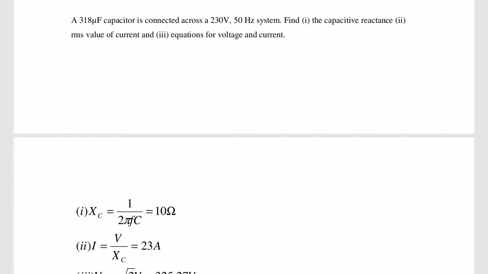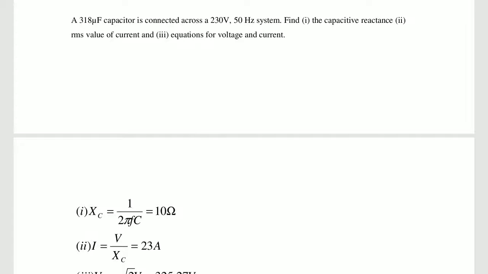Voltage is 230 volts and XC we calculated from the first question, that is 10 ohms. So 230 volts by 10 ohms.